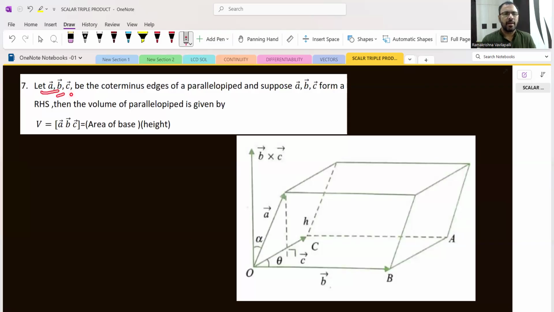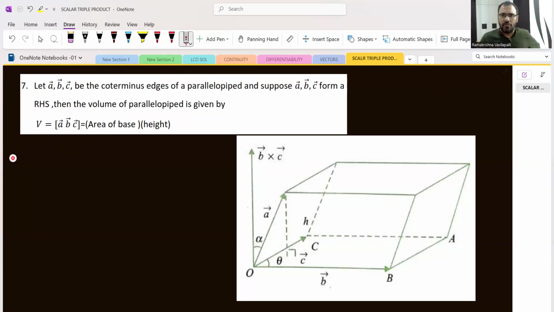If A bar, B bar, C bar are the coterminous edges of a parallelepiped, the three consecutive edges, and suppose A bar, B bar, C bar form a RHS, a right-handed system, rotating A bar to B bar in the anti-clockwise direction when viewing from the top of C should not exceed 180 degrees, then the volume of the parallelepiped is given simply by box ABC. So from now onwards, box ABC is nothing but the volume of the parallelepiped, if we know A bar, B bar, C bar form a RHS.